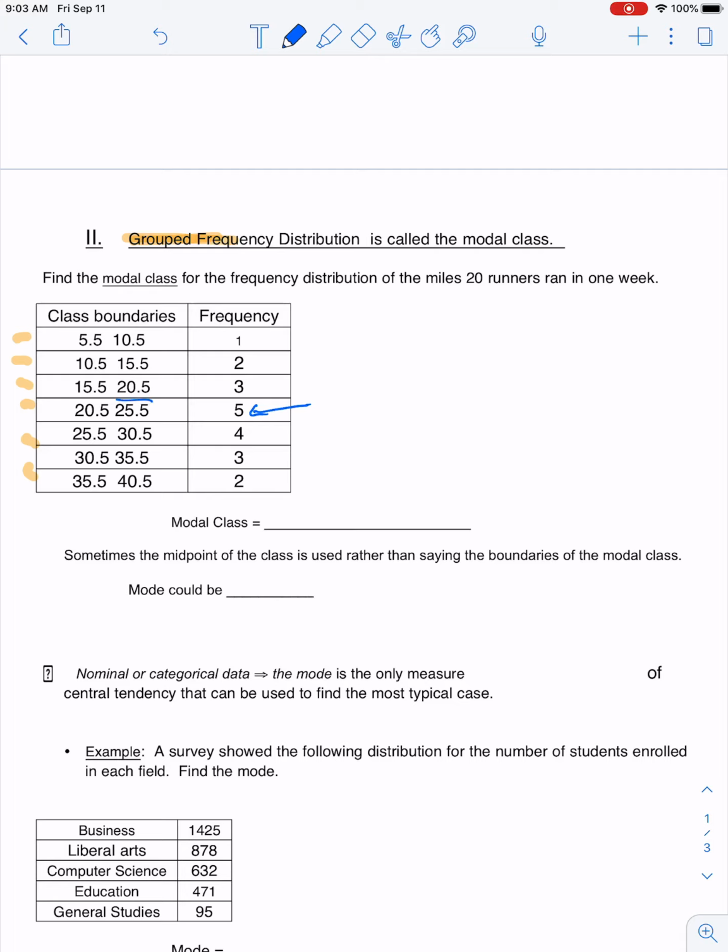Beside it is called the modal class, so we would list that as 20.5 to 25.5. An estimate for the actual mode would be the midpoint of that class, which we call x_m. I add those boundaries and divide by 2 and get that the mode is approximately 23. We're just using that as an estimate.